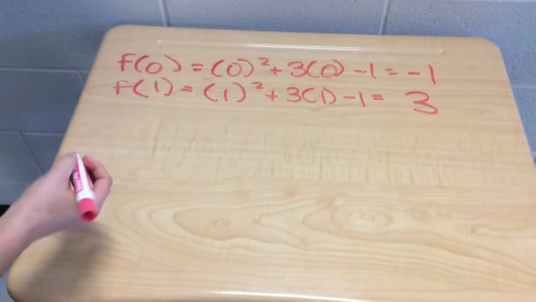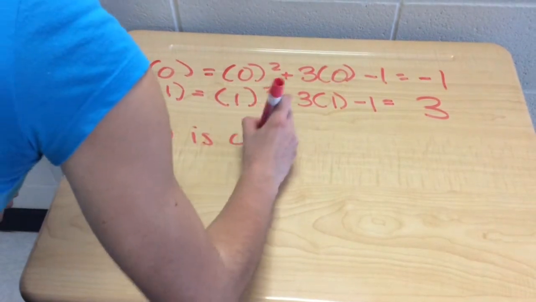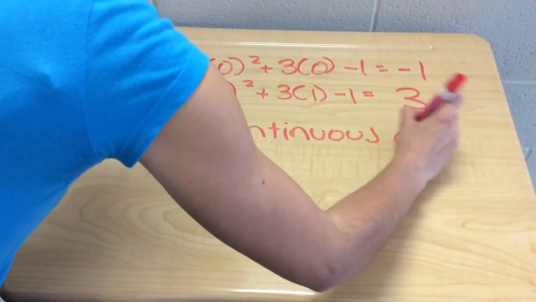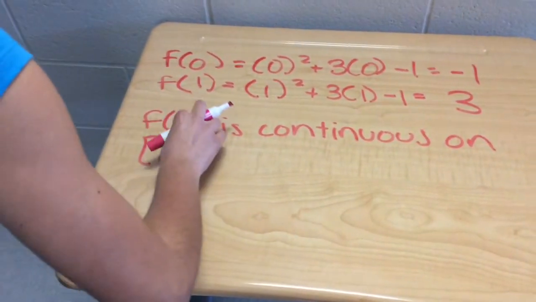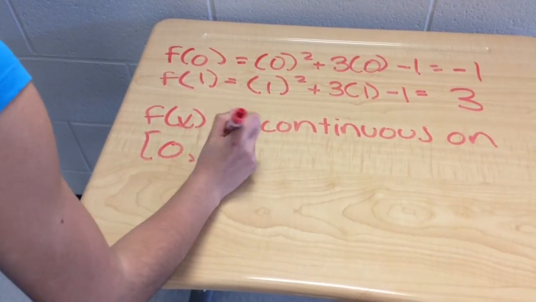And to state that, we must say that f of x is continuous on the closed interval. Instead of saying a to b, we're going to say 0 to 1.